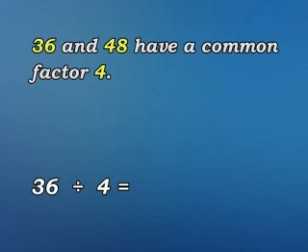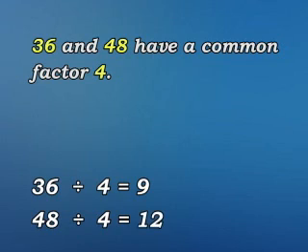How many 4s make 36? 9. 9 4s are 36. 48 divided by 4. How many 4s make 48? Do you know? 12. 12 4s, 48. So we have 9 and 12.